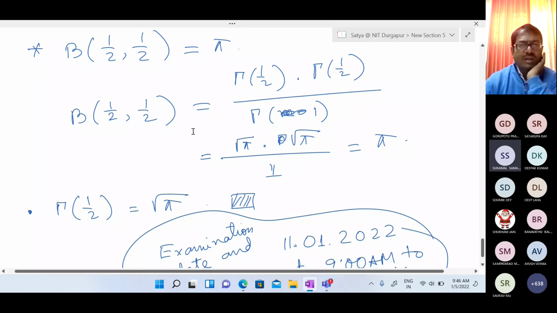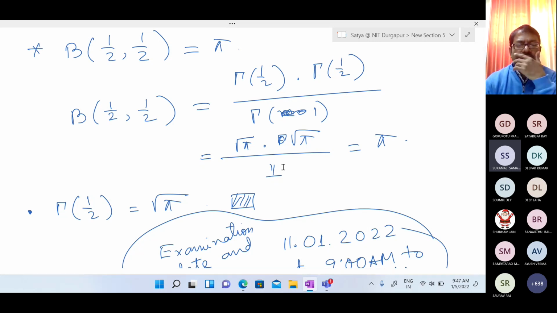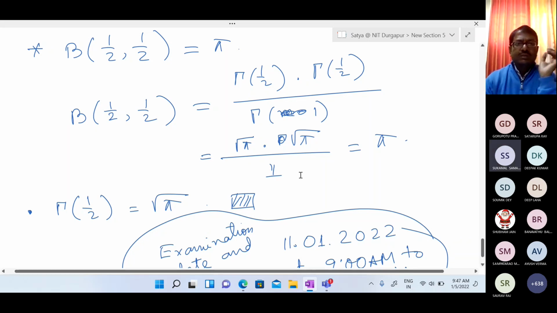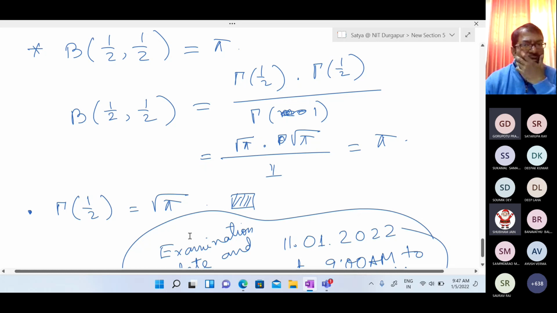Okay, one thing I make clear. Your voice is cracking, I'm not clear about your question. How is gamma half equal to root pi? You need to prove that. Sir, can we do that using the beta function, to find the factorial of half?